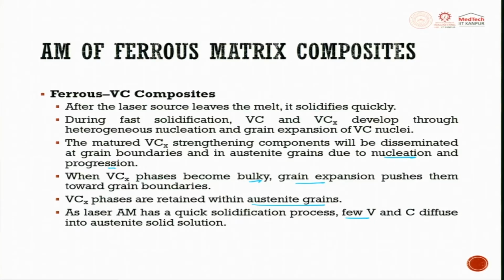So, in iron we saw, very interestingly, iron with TiB2, TiC, tungsten carbide and vanadium carbide. These are the four prominently used metal matrix composites made from additive manufacturing. Here we were only focusing on grain boundary, grain refinement, Marangoni convection, flow, dispersion and other things.